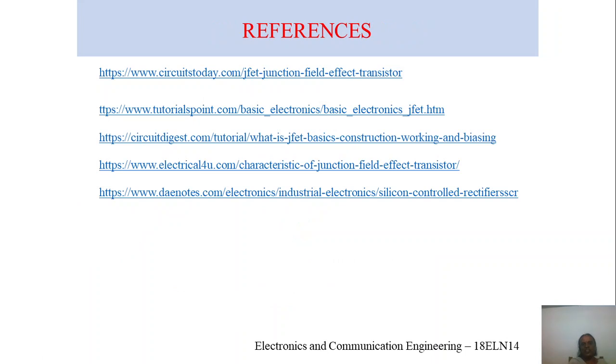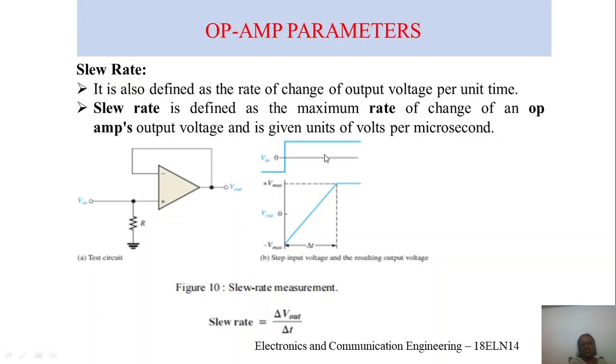Okay, so slew rate is also the maximum rate of change of output voltage in response to a step input. This is the step input, where there is a change of the voltage from 0 volts to 1 volt.